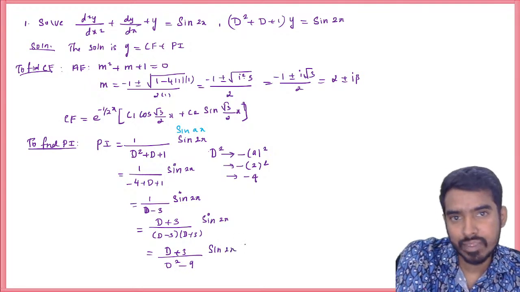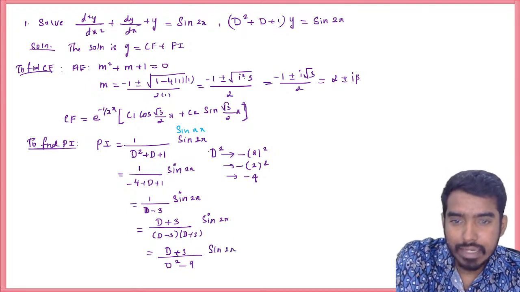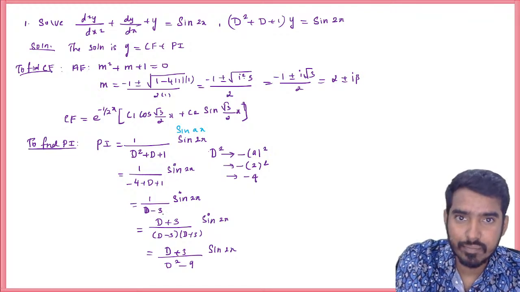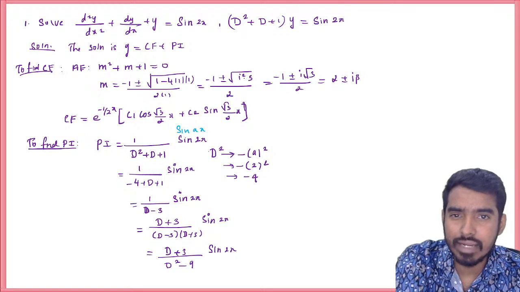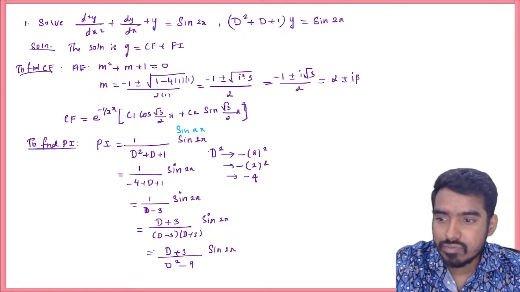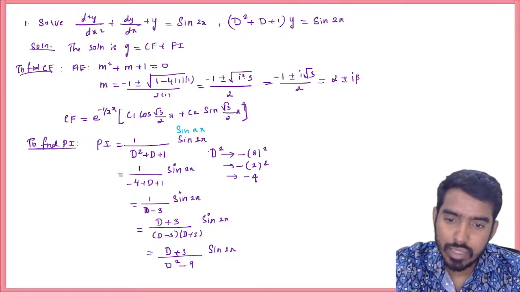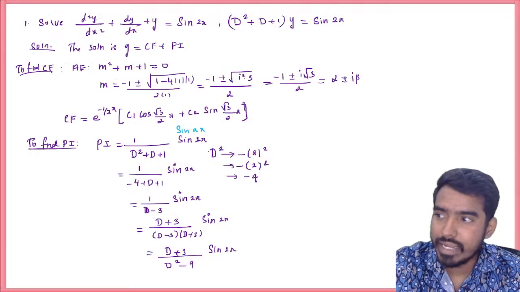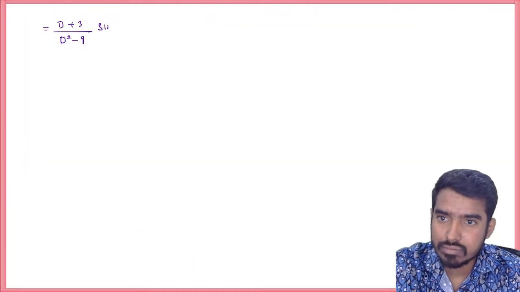Is it clear? Whenever you have some pattern like this, D minus a or D plus a, here 3, or D minus alpha, D plus alpha, this will be equal to D plus 3 divided by D square minus 9 of sin 2x.